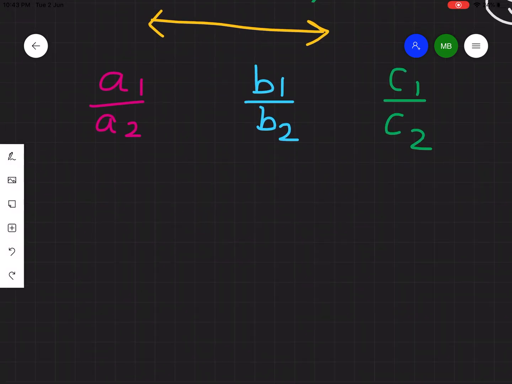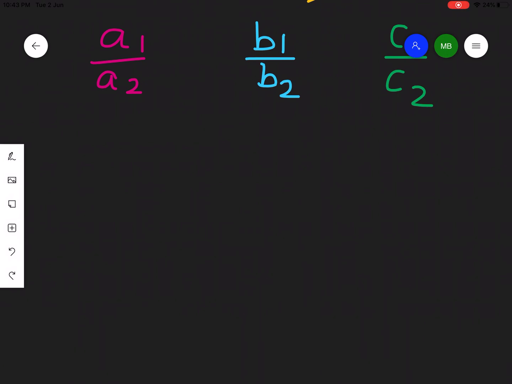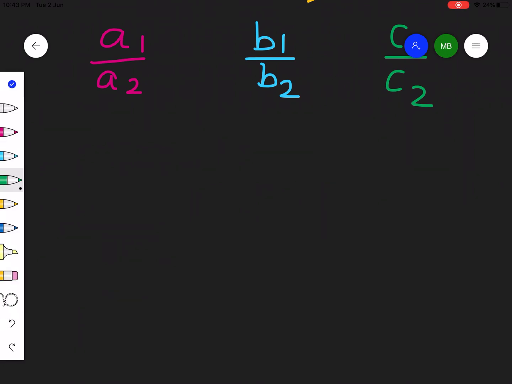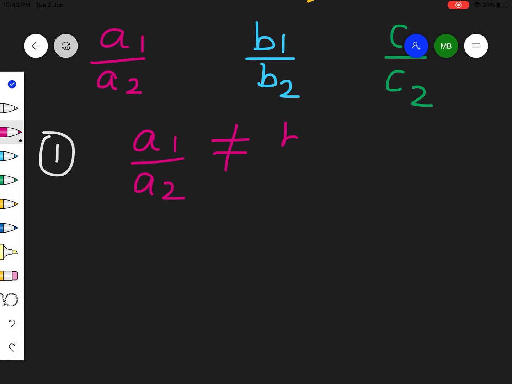Now when you have calculated the ratios, what to do next? What are the possibilities? The first possibility is that you compare these three ratios and find that the ratio of the coefficients of x is not the same as the ratio of the coefficients of y.